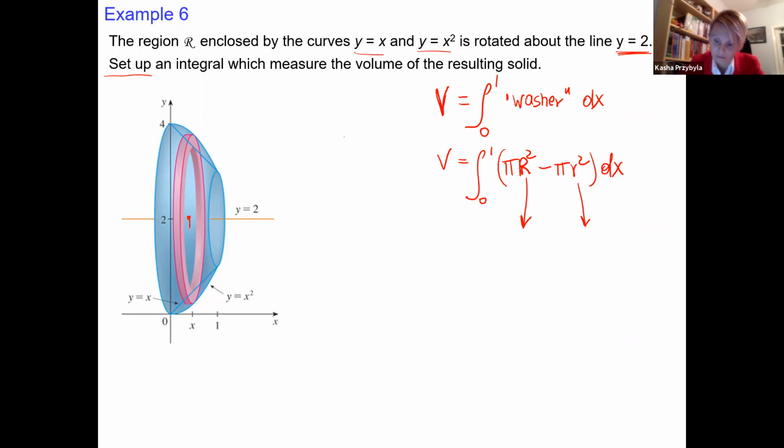Outer is touching the parabola. We do have that dot and that dot, the big dots. We have to find that distance, the length of that line segment from the top dot to the bottom dot. And this will be the outer radius.